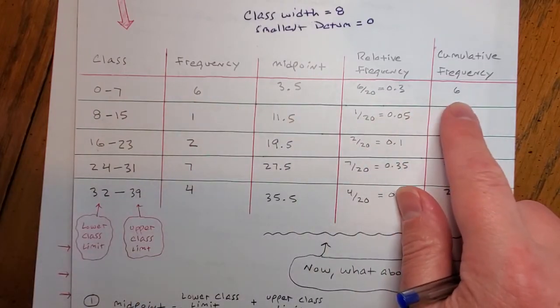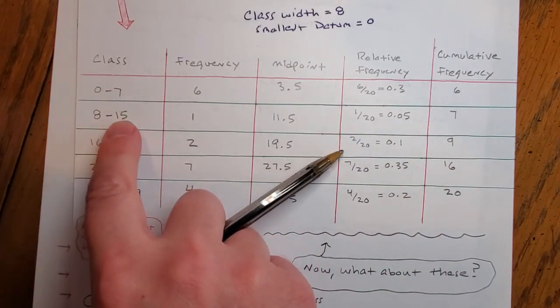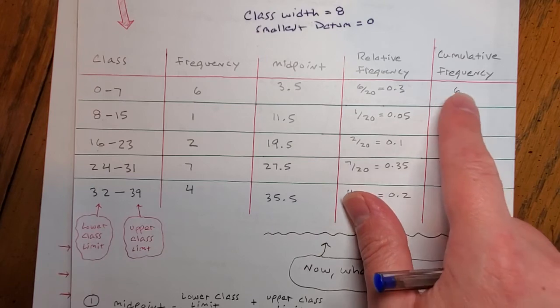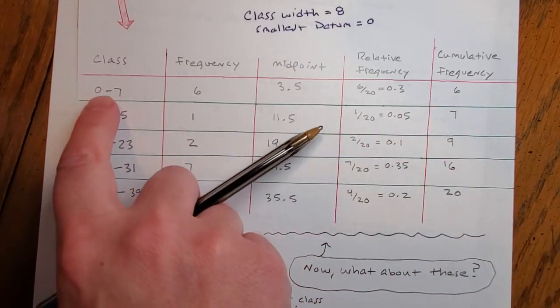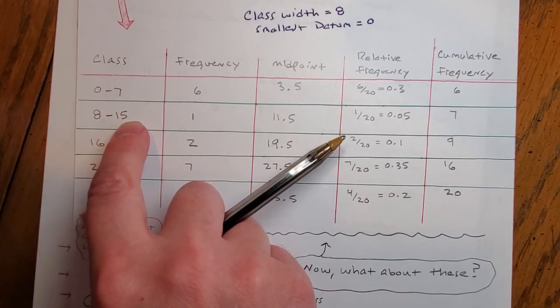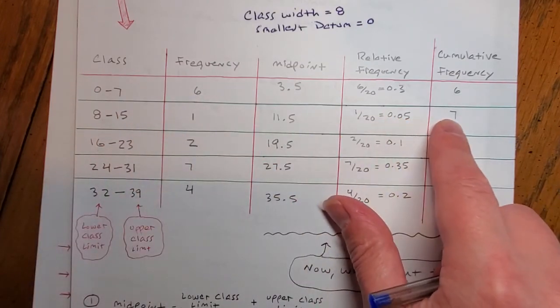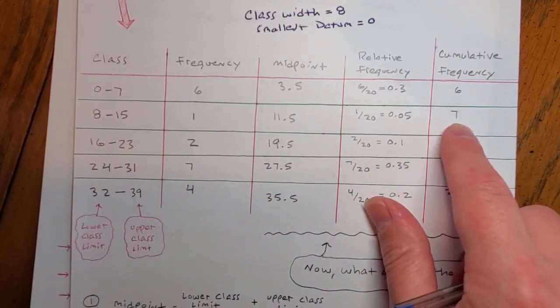So 6 read from 0 to 7 minutes. Now the next class is 8 to 15 minutes. So if I say a cumulative frequency is 7, then I'm saying 7 people were found to read between 0 and 15 minutes of news because there were 6 here and 1 there. So that's 7 so far from 0 to 15.